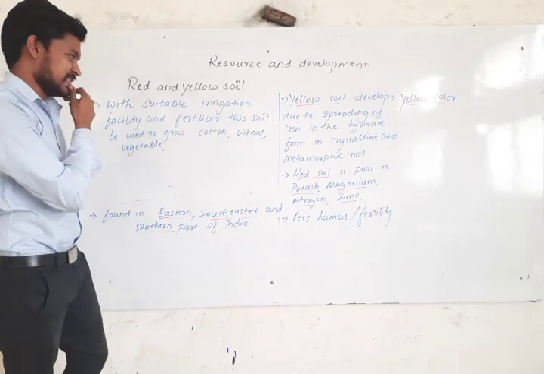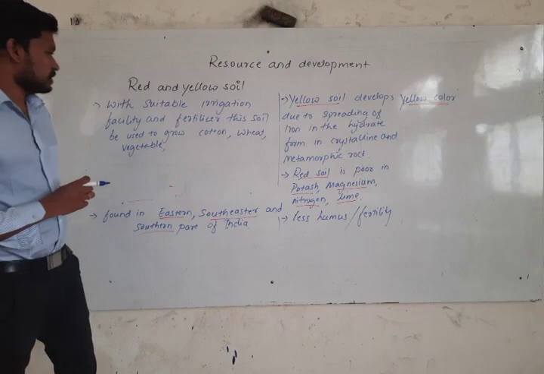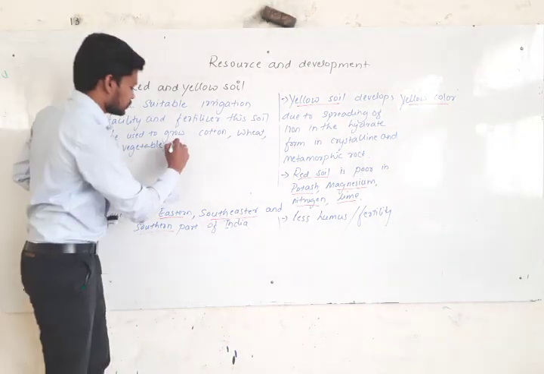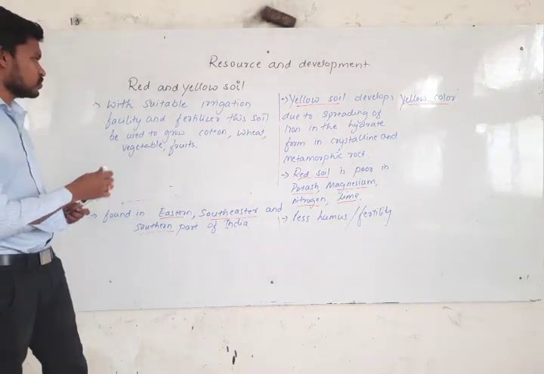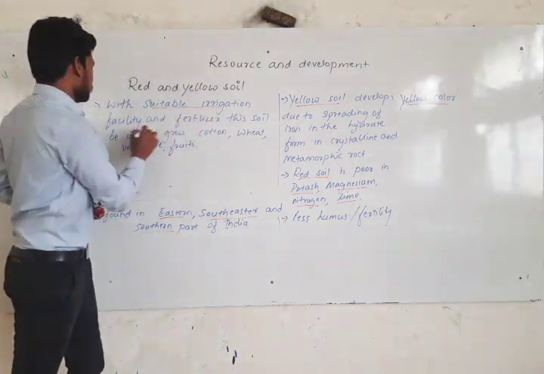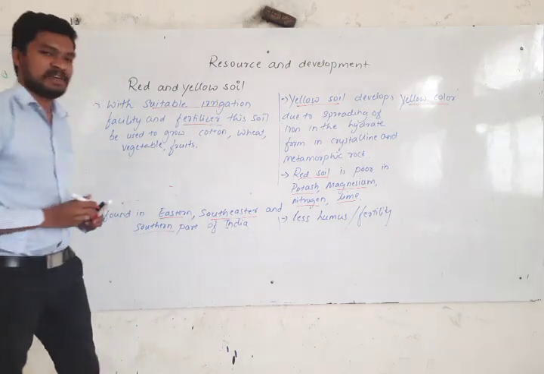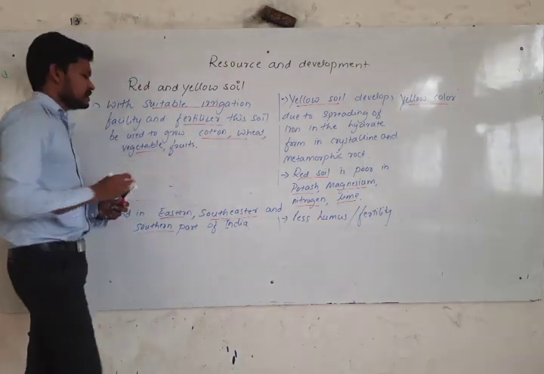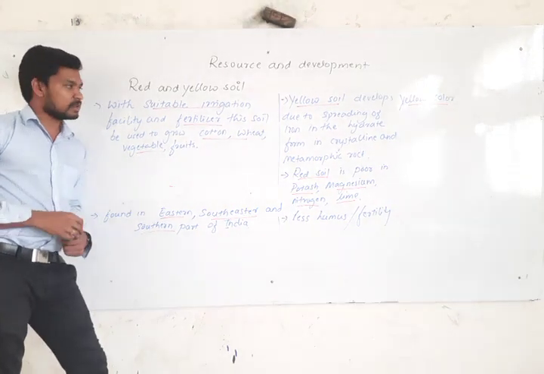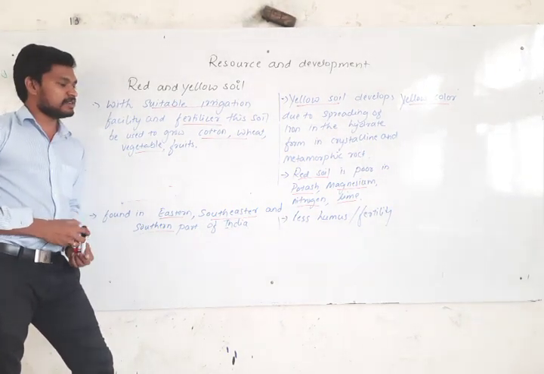Coconut is not grown in this, I think. Cotton, wheat, vegetables and fruits are grown in this soil with suitable irrigation facilities and chemical fertilizers. If you add these to this soil, you can grow these vegetables, fruits, cotton and wheat. All those can be grown in these areas.